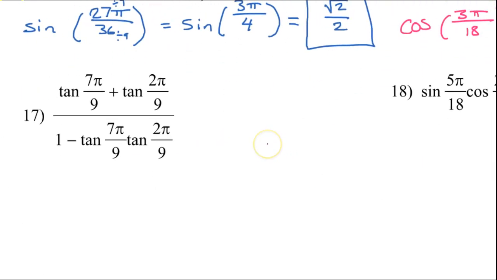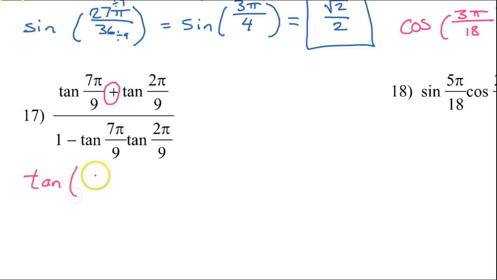Alright, 17. Clearly this is the tangent formula that's being illustrated here. And as far as whether we will be adding or subtracting the two angles, you go by the sign in the numerator. So I know this will be the same thing as tangent of angle plus angle.